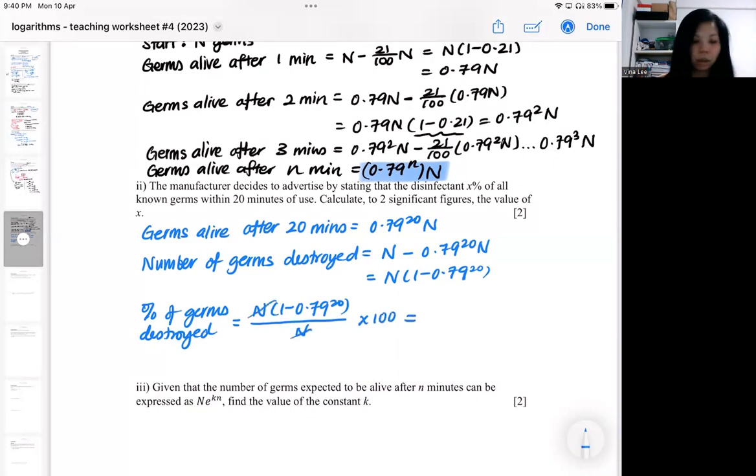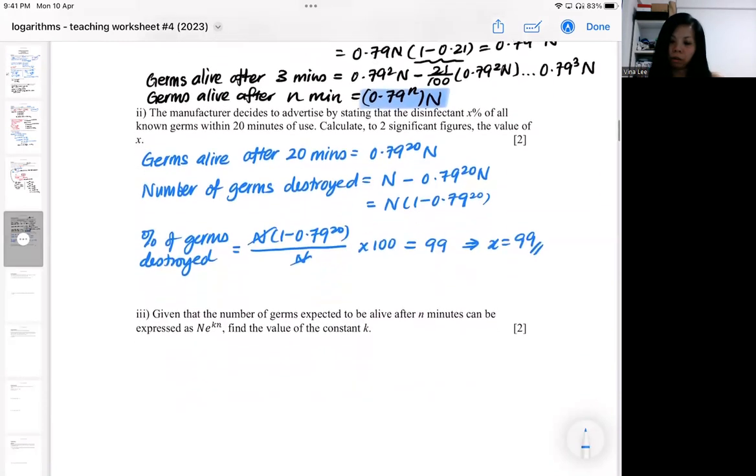When you punch it in, you will get around 99. So the advertiser can say that X is 99, that is, they can destroy 99% of all the germs within 20 minutes.